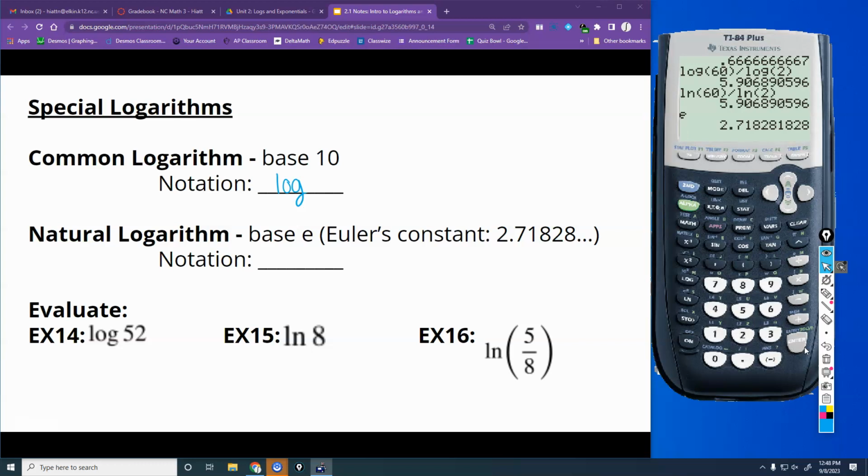It actually is not repeating. It looks like it does repeat, but it does other crazy stuff after it. We'll talk more later about where it comes from, but for right now, all you need to know is that if the base is e, it's ln, natural log.